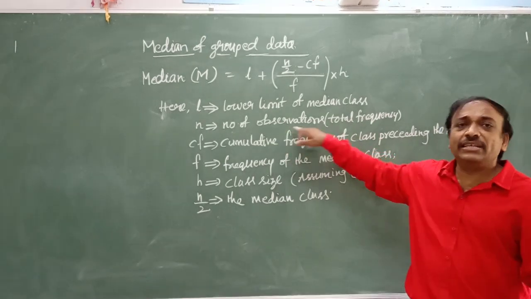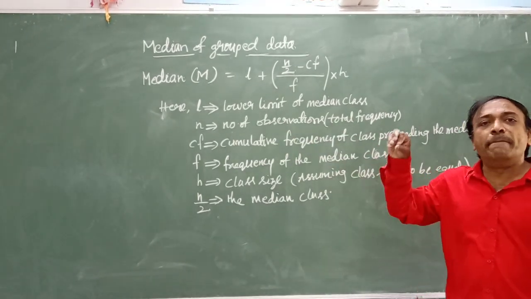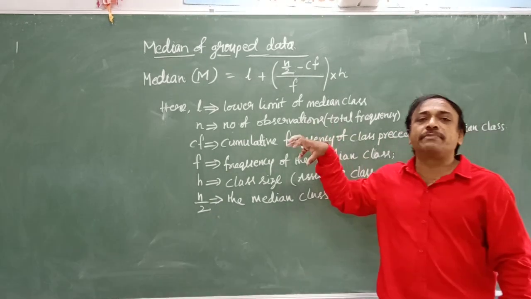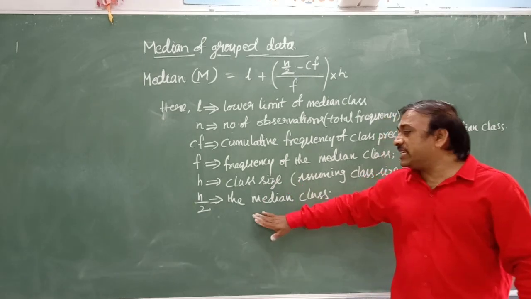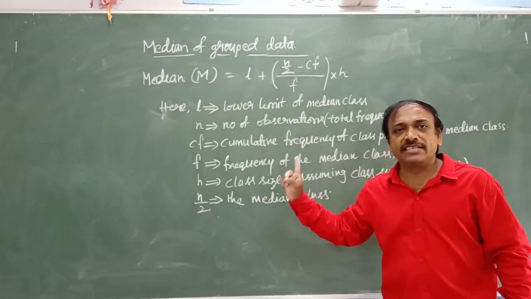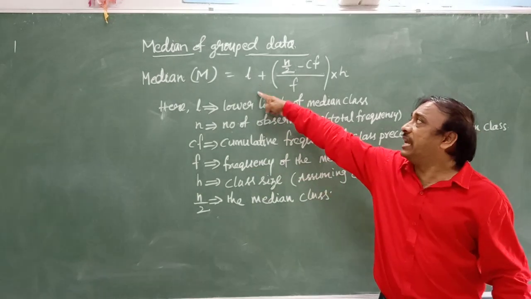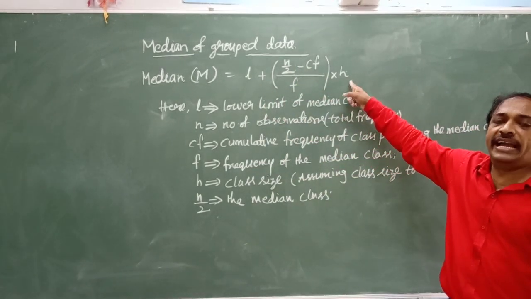N by 2 plays an important role, as this value gives the median class where it lies. This is the formula: L plus (n by 2 minus Cf) by f into h.